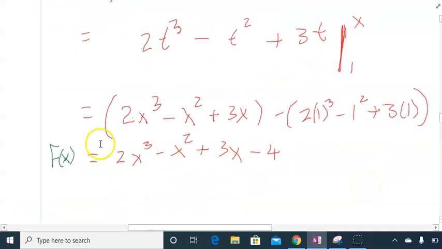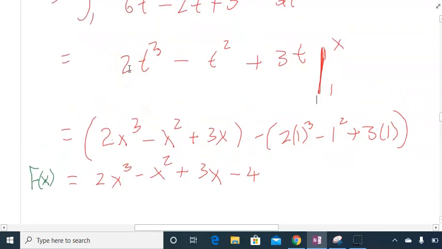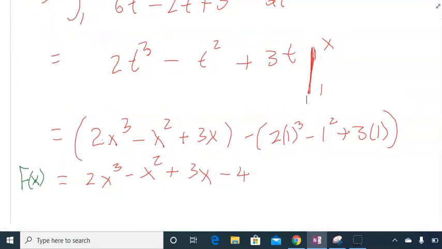That gives you 2x cubed minus x squared plus 3x minus 4, which is your antiderivative for that function evaluated between 1 and x.